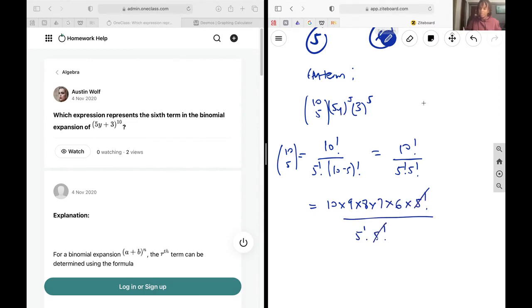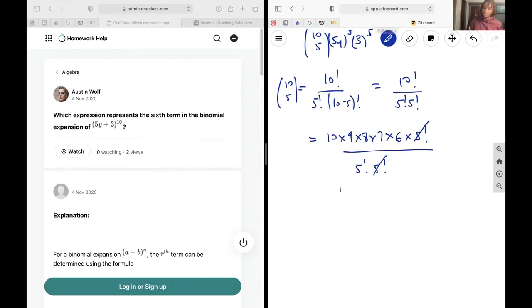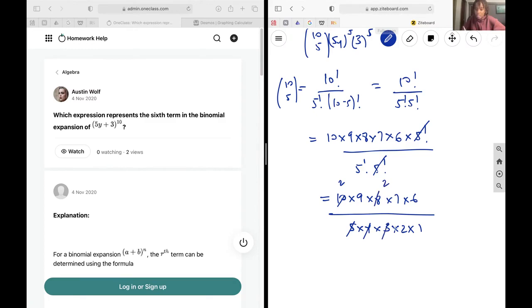Let's cancel out one of those 5 factorials. This will become 10 by 9 by 8 by 7 by 6, and then let's also write out that 5 factorial, 5 by 4 by 3 by 2 by 1. The by 1 doesn't really matter. And then you can just divide out common factors. 5 goes into 10 twice, 4 goes into 8 twice, 3 goes into 6 twice, and 2 can cancel out one of those 2's.